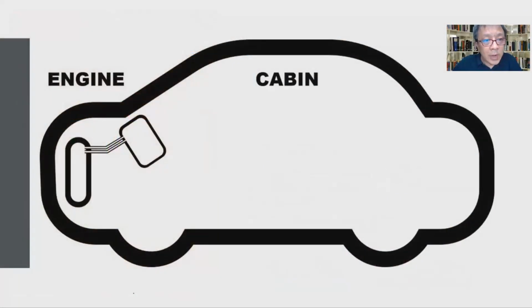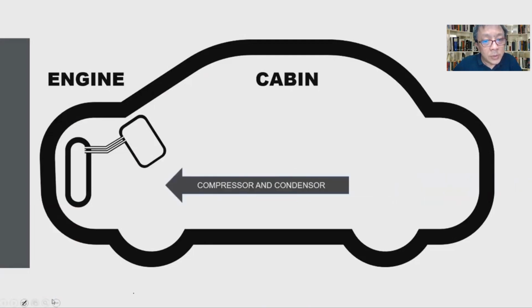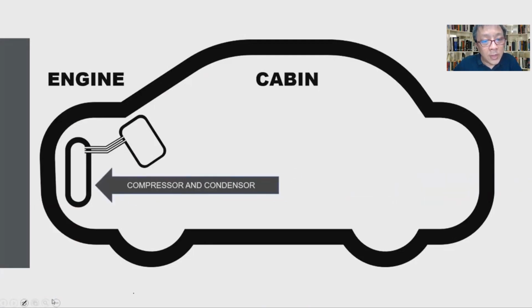Okay, so this is the diagram for a car. In front of the car is the engine compartment. This is the compressor and the condenser. The compressor compresses the gas from a liquid to gas.